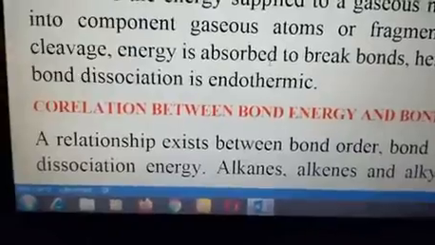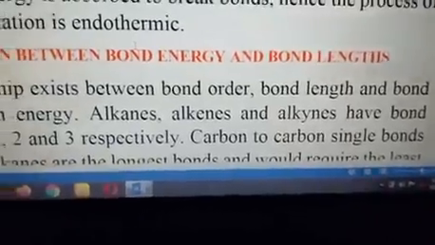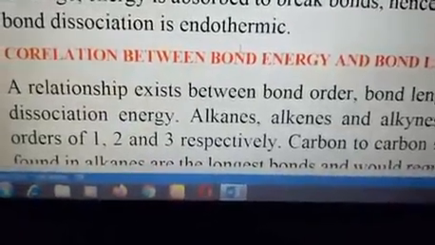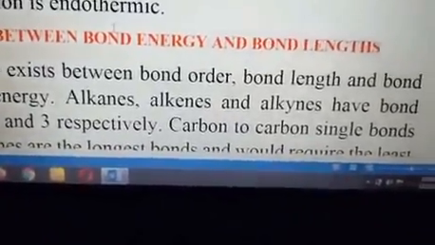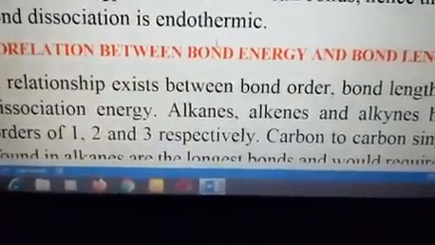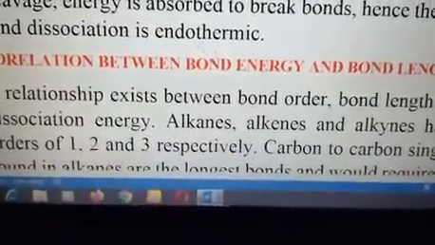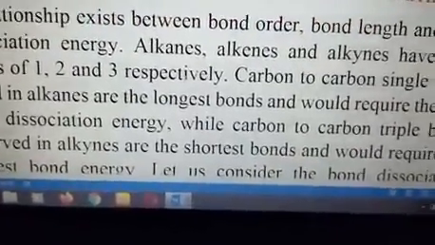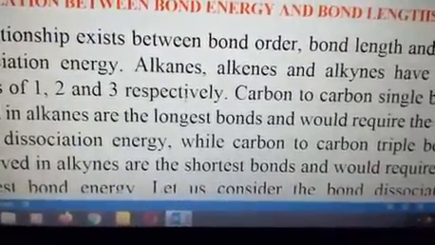A relationship exists between bond order, bond length, and bond dissociation energy. Alkanes, alkenes, and alkynes have bond orders of 1, 2, 3 respectively. Alkanes with single bond have a bond order of 1. Alkenes with double bond have a bond order of 2. Alkynes have a bond order of 3.